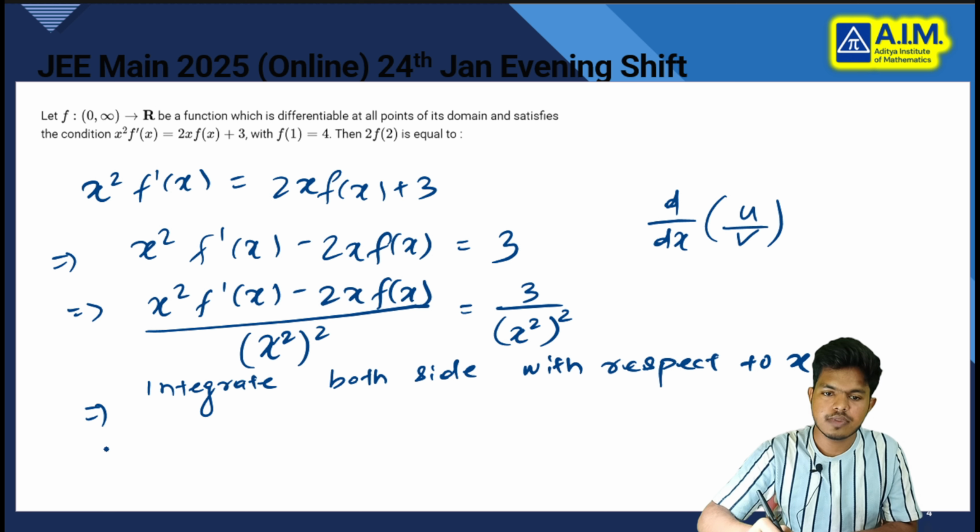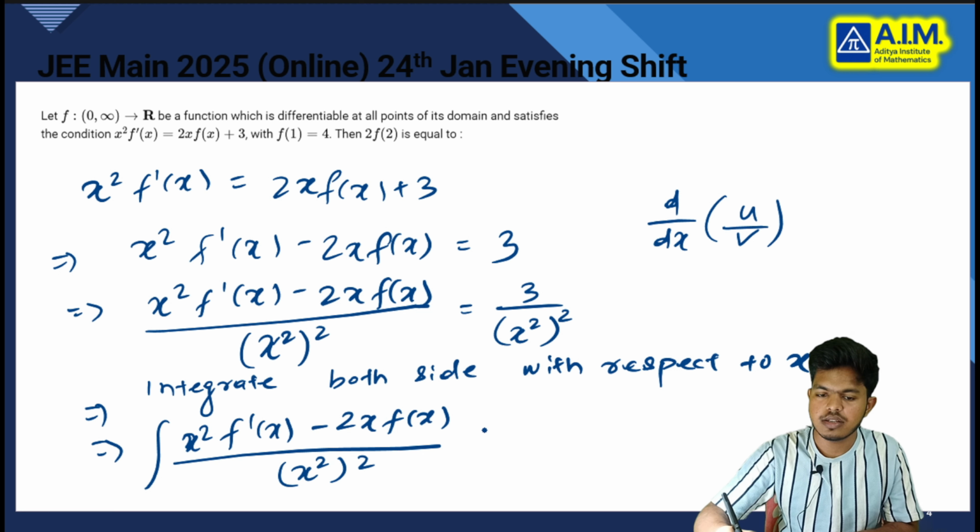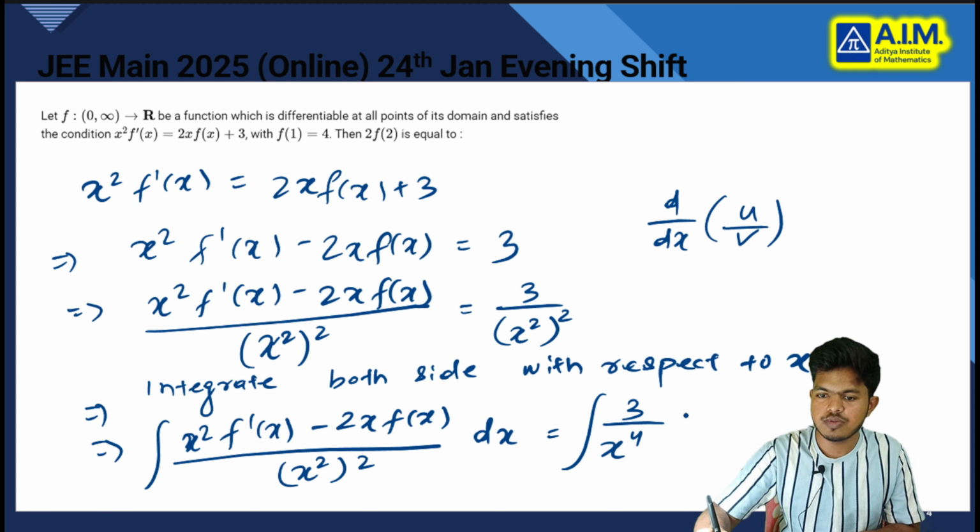It will be the integration of x square f dash of x minus 2x f of x divided by x square to the whole square dx, which will be equal to 3 by x to the power 4 dx.